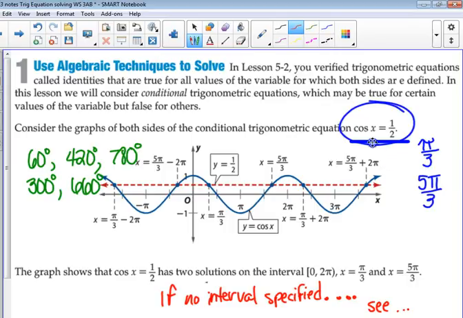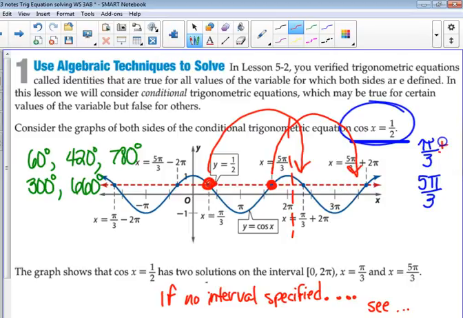So if we want to find all solutions everywhere in the whole wide world that the cosine is 1/2 in radians, we're going to have to list these. We found this solution right here where they intersected and this solution. And those were all before 2 pi. And then we're going to say, this one will repeat 2 pi later, yes? And this one will repeat 2 pi later.